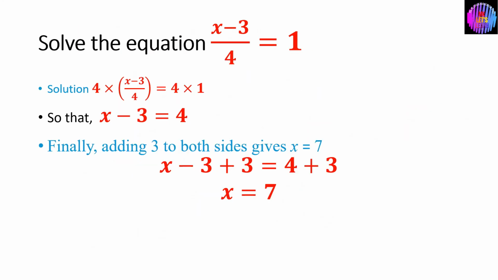Now in this given example, solve the equation (x minus 3) by 4 is equal to 1. The solution: we attempt to obtain x on its own. First note that we multiply both sides of the equation by 4.